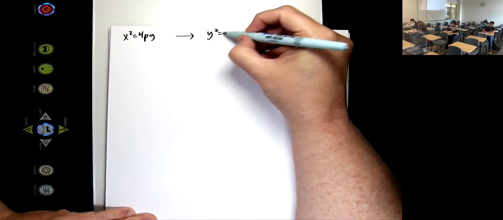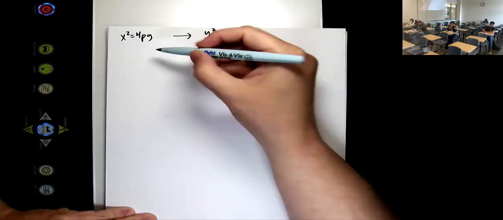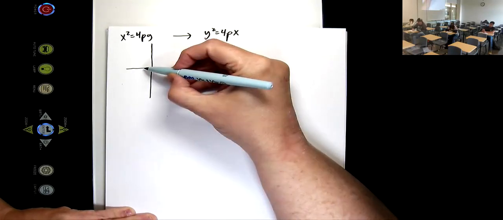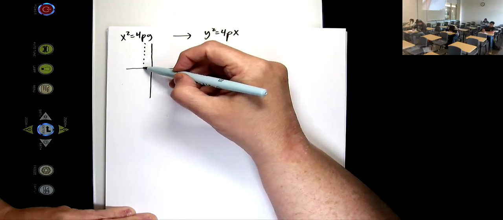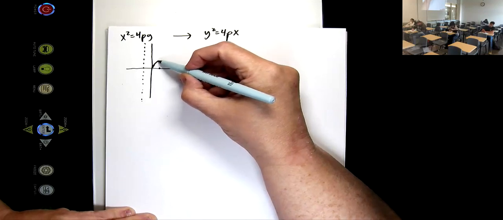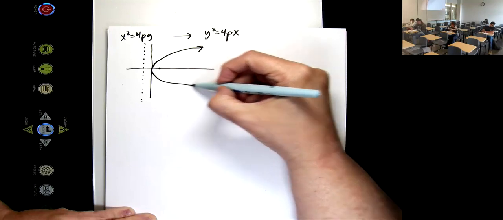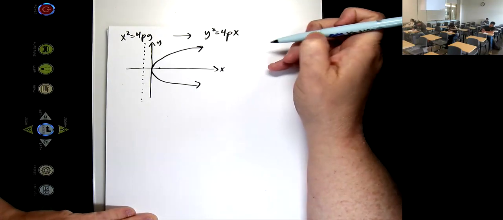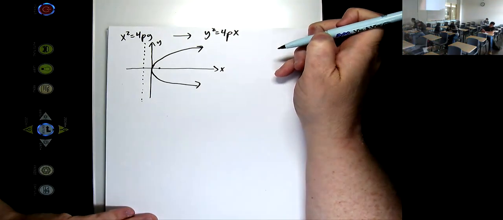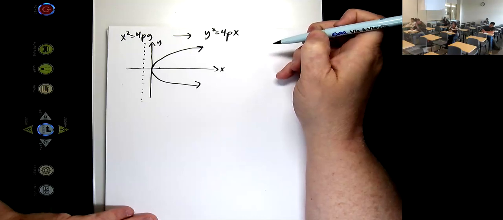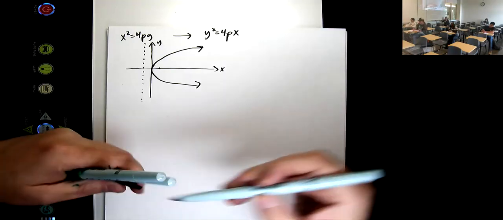It's y squared equals 4px. Usually, which is crazy, I wish they didn't write it in this form.